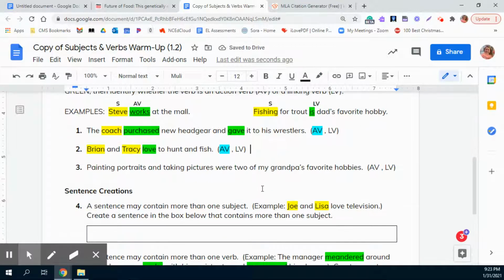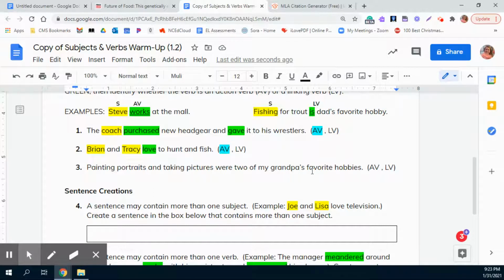All right. And lastly, painting portraits and taking pictures were 2 of my grandpa's favorite hobbies. Notice, this doesn't say grandpa's favorite hobbies were painting portraits and taking pictures. Then grandpa would be our subject.